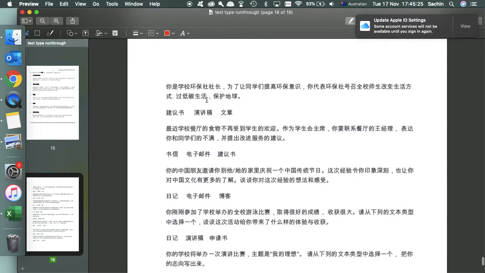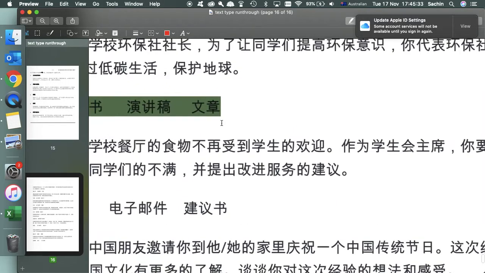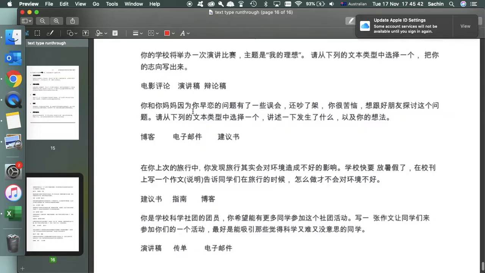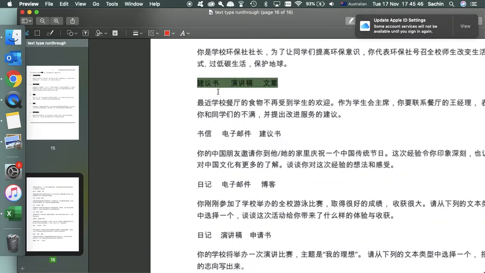In the IB exam, I'm not sure if you're given the text types and you choose which one, but I believe it's important to read the question and decipher which one you should use right off the bat. So I'll just do a sample one, and you guys can do the rest of them.